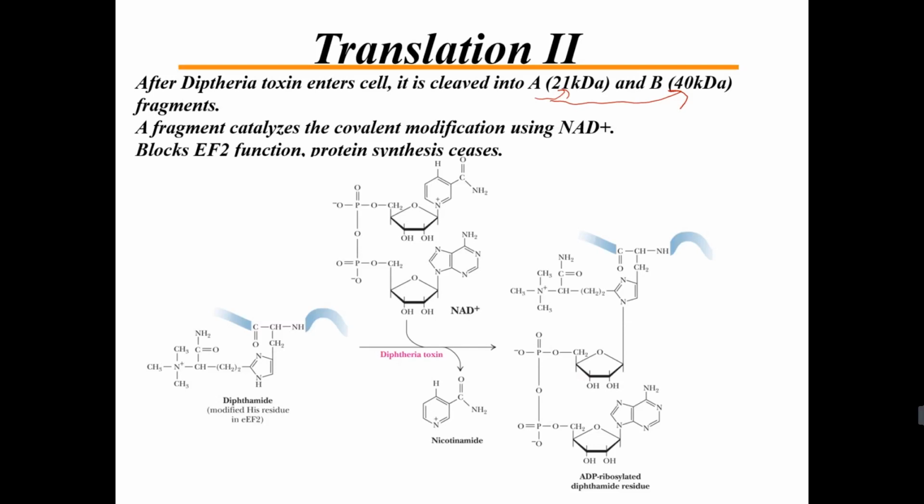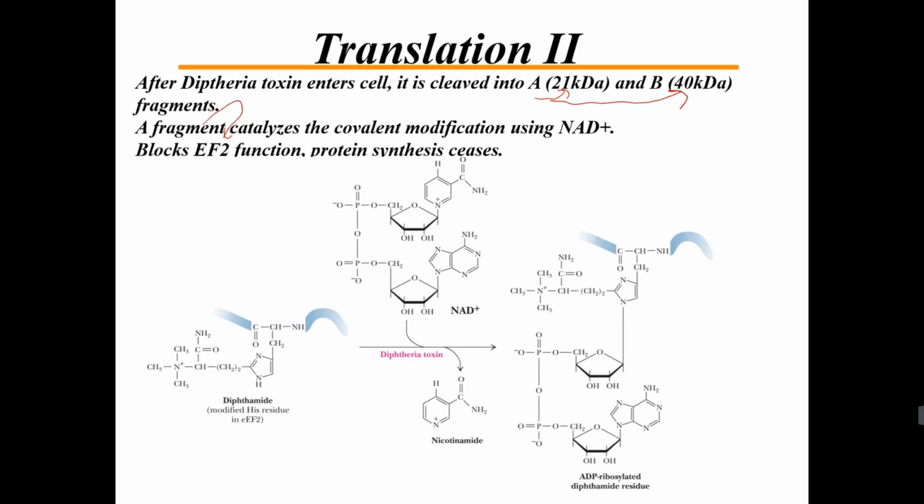And the target of the A fragment is EF2. And as we mentioned, EF2 is the elongation factor that's responsible for translocating during protein synthesis in eukaryotic cells.